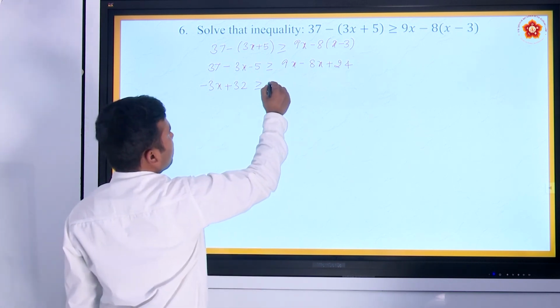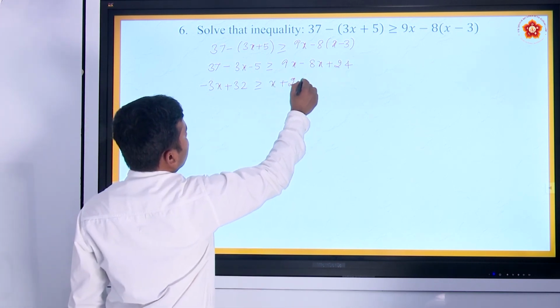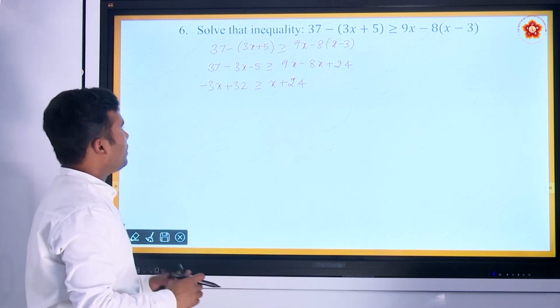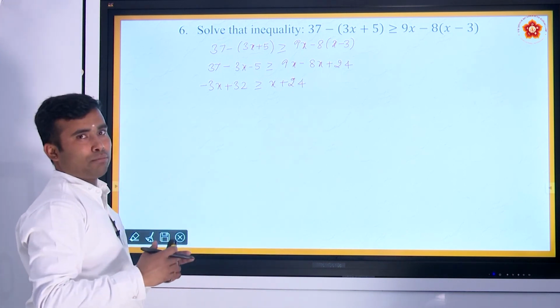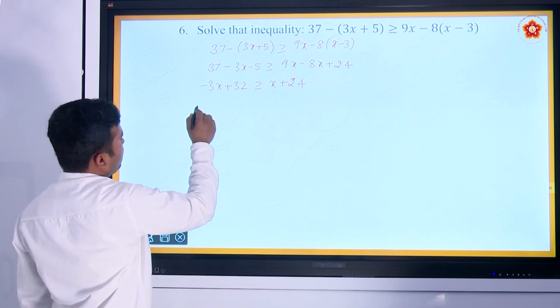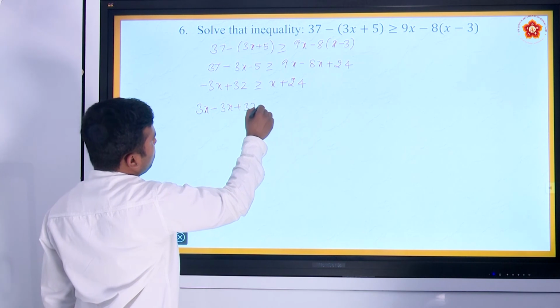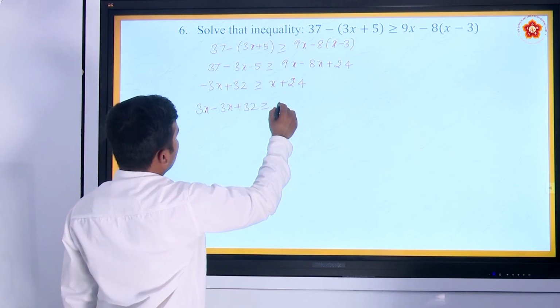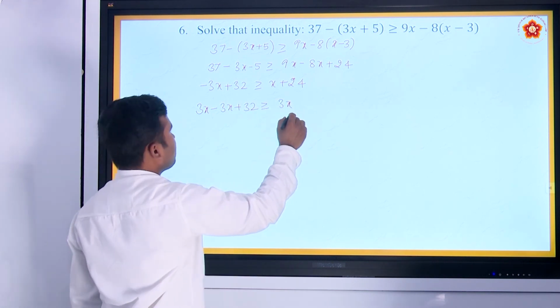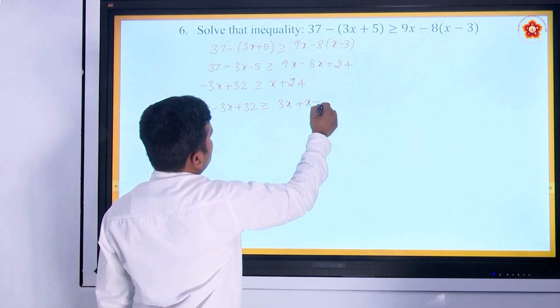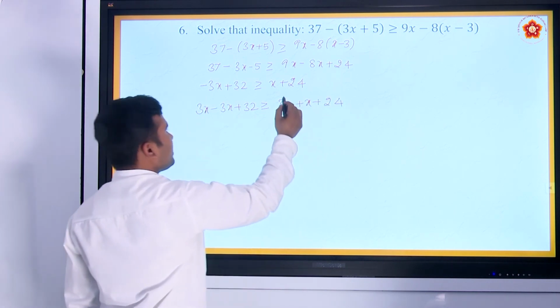x plus 24. Now if I add 3x on both sides, so that is minus 3x plus 3x plus 32 is greater than or equal to 3x plus x plus 24. I'm just adding 3x on both sides.